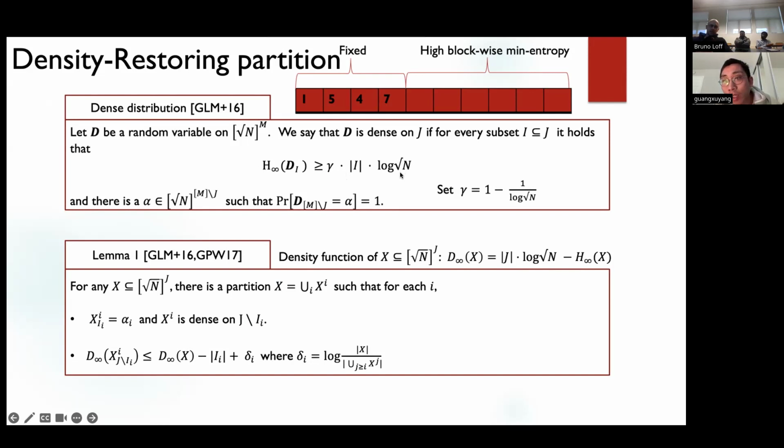So the maximum entropy would be size of I times log root n, and you're saying that out of all this entropy, maybe you've lost size of I over log root n. Yeah. But I want to say this mean entropy condition holds for any part.